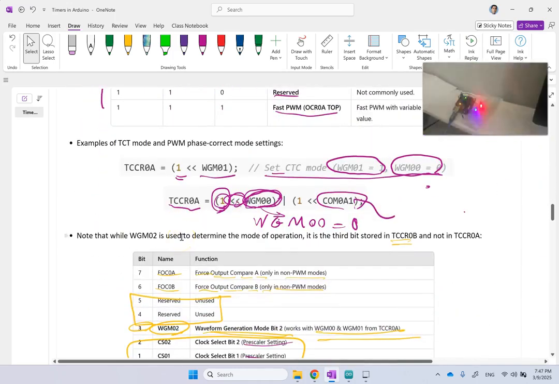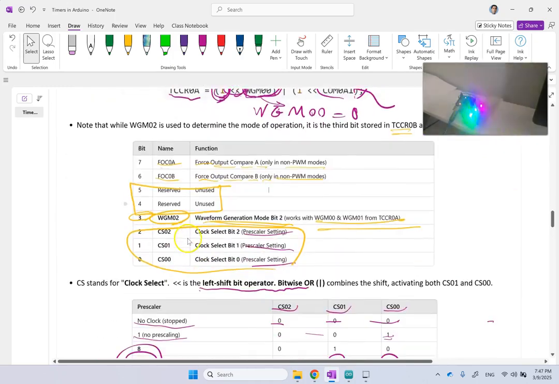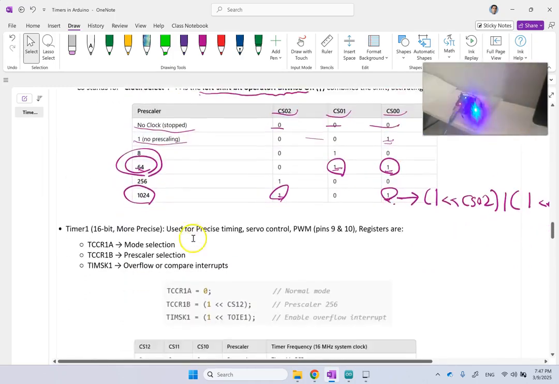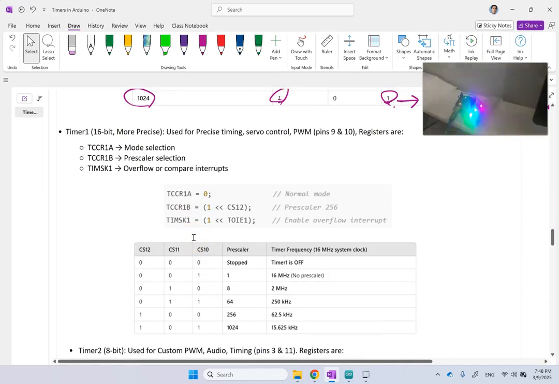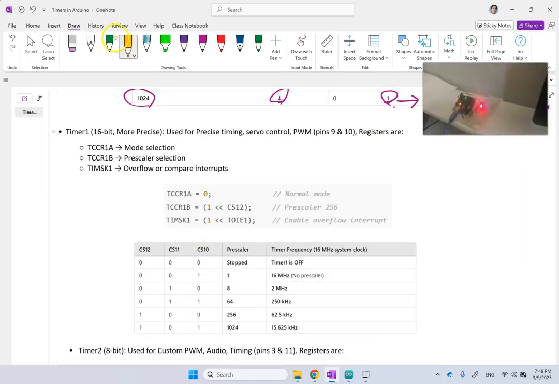Okay, so I guess I explained timer 0 for you. Now timer 1 and 2 are very similar. If you look at timer 1, the difference is it's 16-bit. You can apply PWM of that only to pins 9 and 10. Similar to timer 0, it has 2 TCCRs. The only difference is it has 1A and 1B.